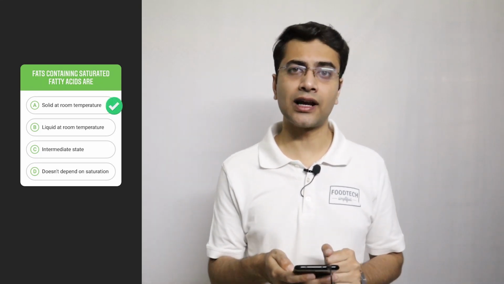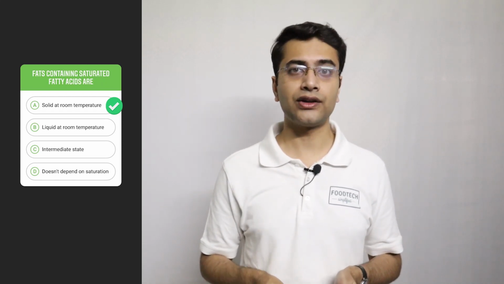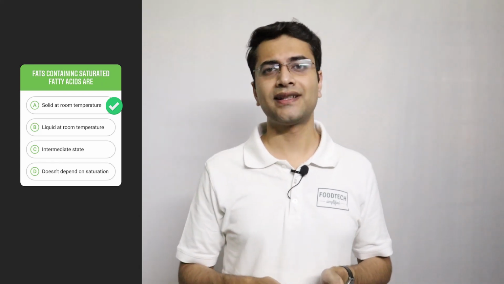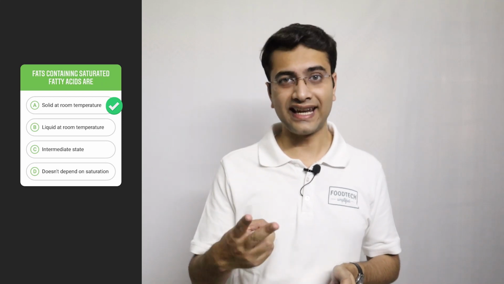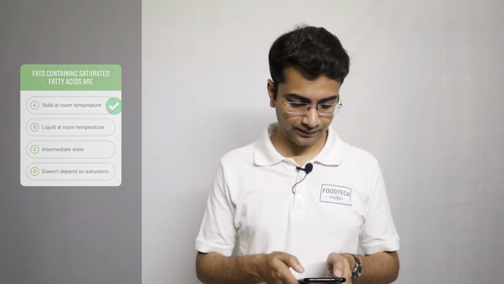So fats containing saturated fatty acids are solids at room temperature. I just gave the example in the beginning of this video that saturated fatty acids are usually solids at room temperature. That is why they are more storable. Some examples of saturated fats are butter, ghee, and animal fat.